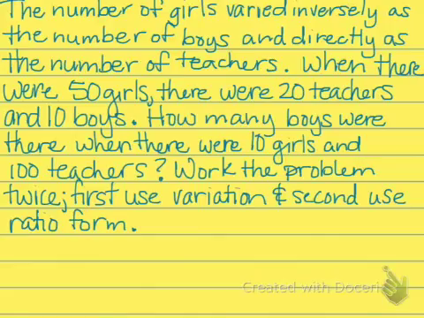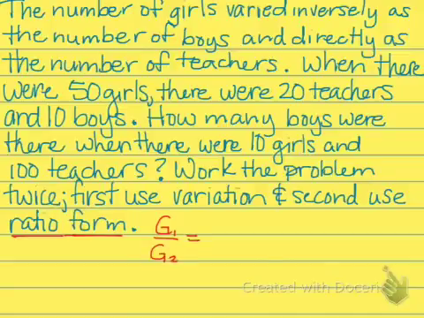Now we need to do the second way, and I'm just putting the problem there again so we have the information. And now we're doing ratio form. So again, we have girls, so we need to do G1 over G2. And then it says inversely as boys, so we're going to put B2 on top and over B1, and directly as teachers, so T1 over T2.